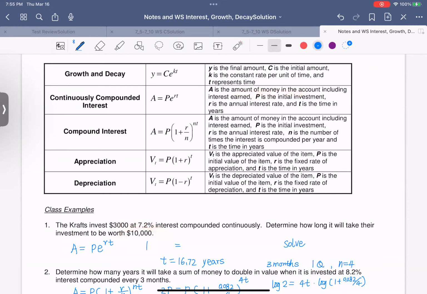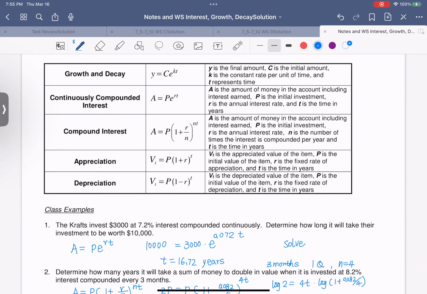So 10,000 equals 3,000 times e, wait, this is the rate, yes? Yeah, 0.072, right? Yes, times T. Make sense?